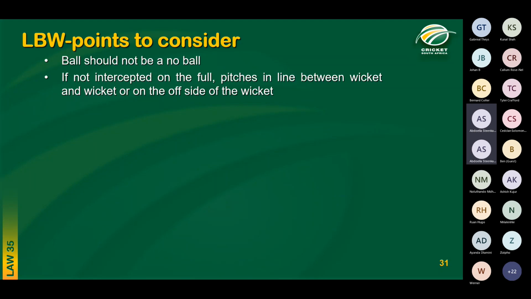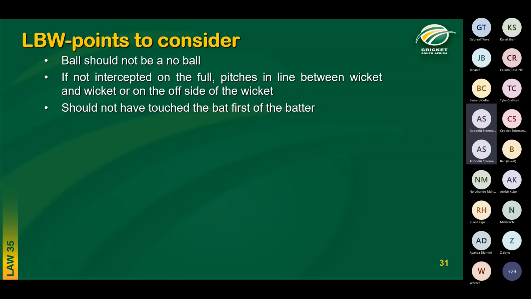It either needs to pitch between the wicket and wicket or on the offside. That is why you've always heard that if the ball pitches outside leg stump of the striker, he can never be out, because the law is clear. If the ball pitches outside the leg stump of the striker, never be out LBW. Always be not out.